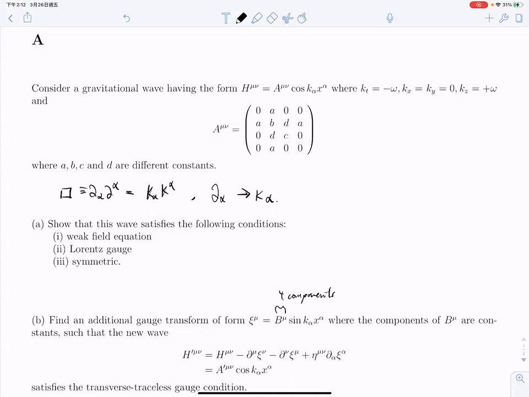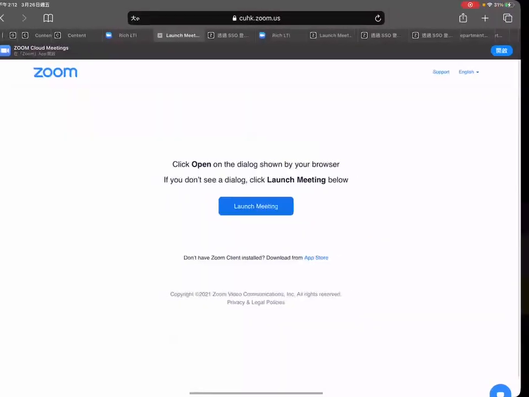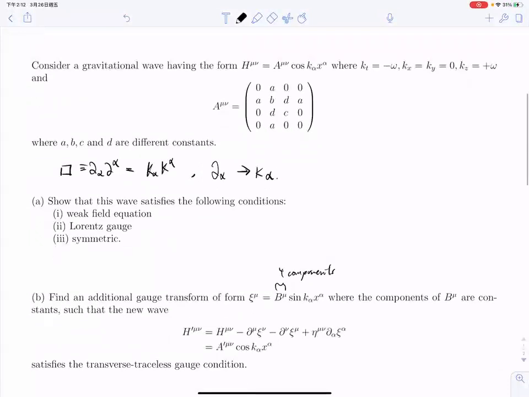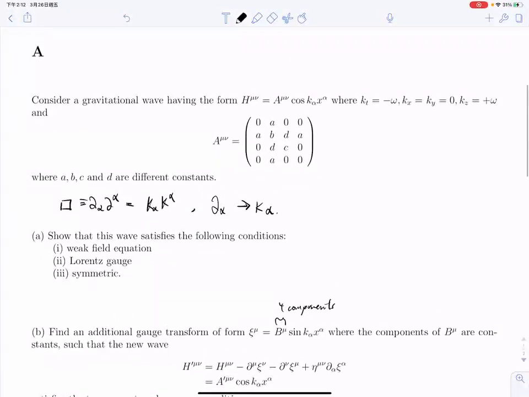All right, time's up. The first part is very easy if you have learned the gravitational wave properties. Just know the weak field equation and the Lorentz gauge. In the lecture notes or the first course, you read the procedure of how to linearize gravity, with the symbols h mu nu, h bar mu nu, and different cases of gauge transformation.